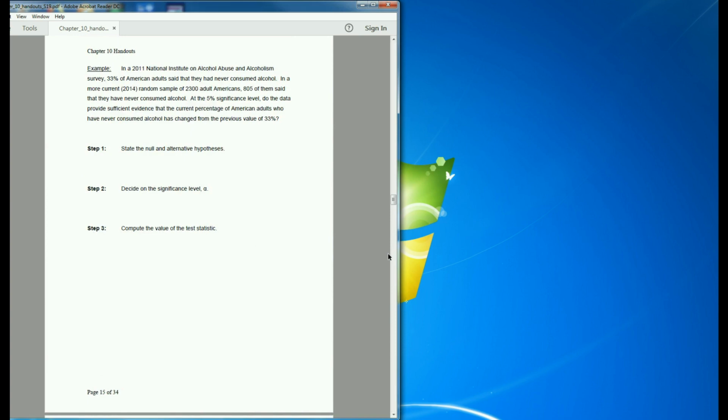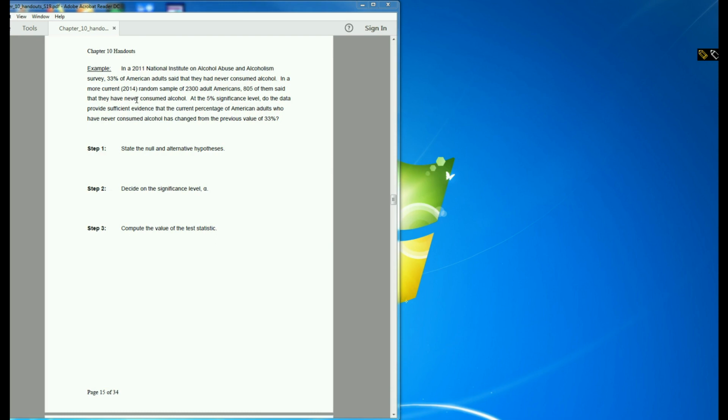Okay, good. Let's start working on an example. Here's the problem. In a 2011 National Institute on Alcohol Abuse and Alcoholism survey, 33% of American adults said that they had never consumed alcohol.